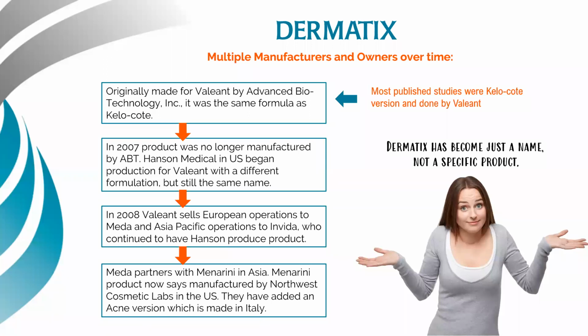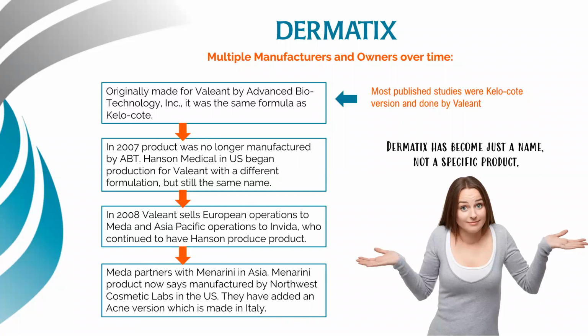At the time, they both continued to have Hansen make the product, but since then, Meda has partnered with Menarini in Asia, not Invita, and Menarini products now say that they're manufactured by a different company in the US, and they also have added an acne version just under the Menarini products, which is made in Italy.